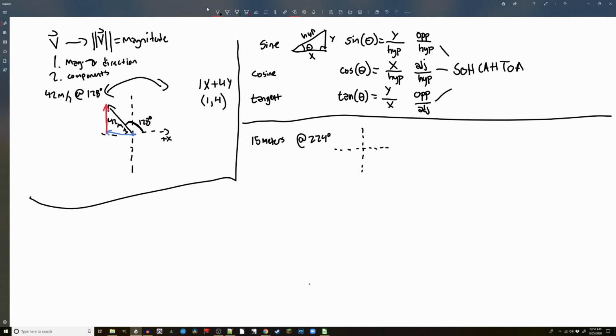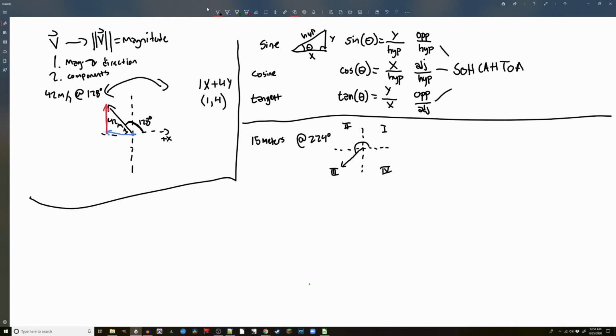So it's somewhere in this third quadrant, and I guess we can number the quadrants. 1, 2, 3, 4, like that. So yeah, it's somewhere down here. Something like that. There's our vector. And there's our big angle.